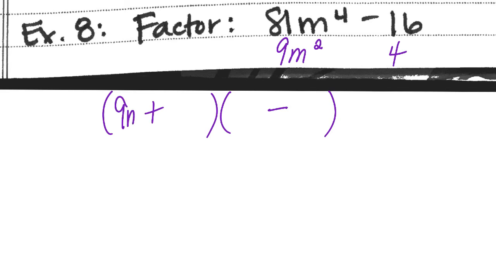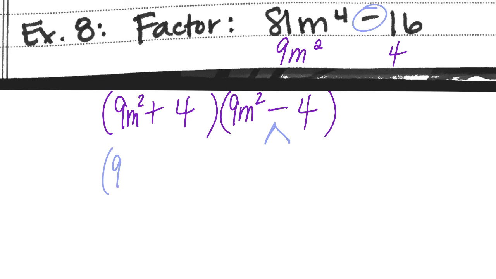Notice that the perfect square here is 9m squared, and the perfect square of 16 is 4. Remember that we need a plus and we need a minus. So I'm going to put 9m squared in the front and 4 in the back. Now, this is the challenge for you guys in Algebra 1. You should be able to see that this one is still that difference of two squares.